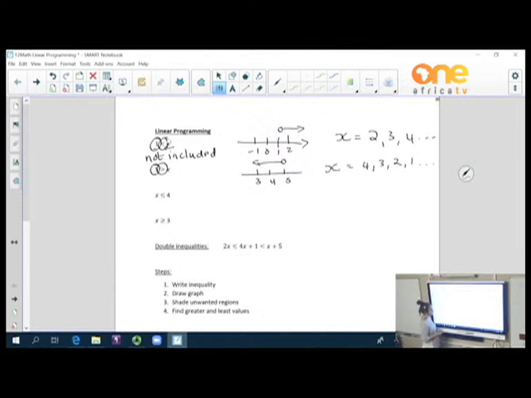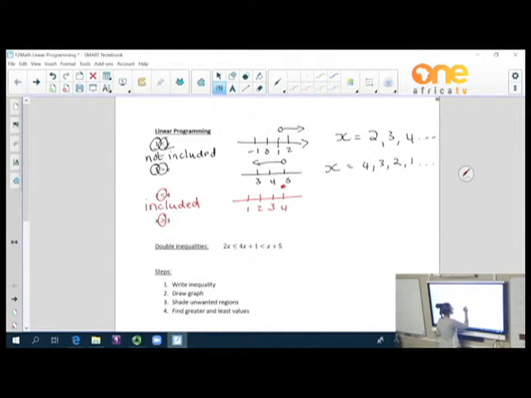Then, if we have a smaller than or equal to and a larger than or equal to, this means the number is included. So in this case, because of the or equal to sign, x is less than or equal to 4. So if we draw this on a number line, 4, 3, 2, 1, whatever you decide your number should be, less than or equal to 4.